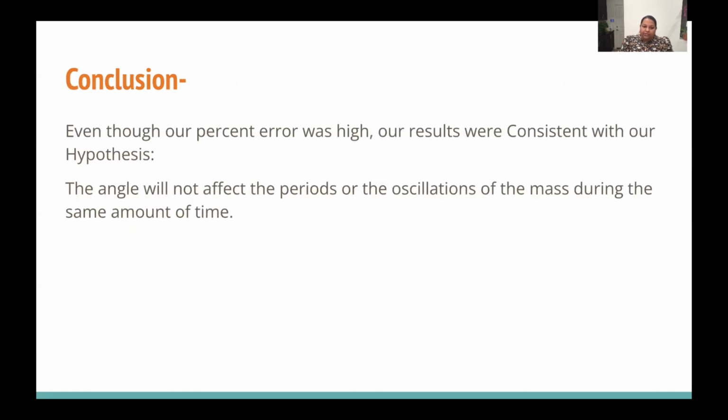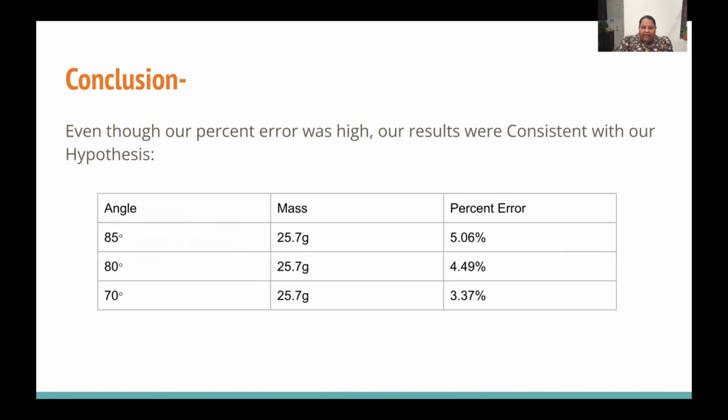For our conclusion, even though the percent error was high, our results were fairly consistent with our hypothesis, as Shale described earlier. As our angle decreased, our percent error also decreased.